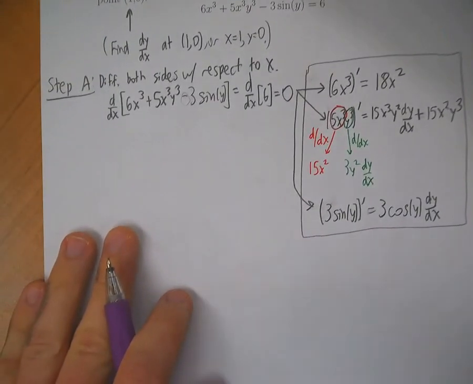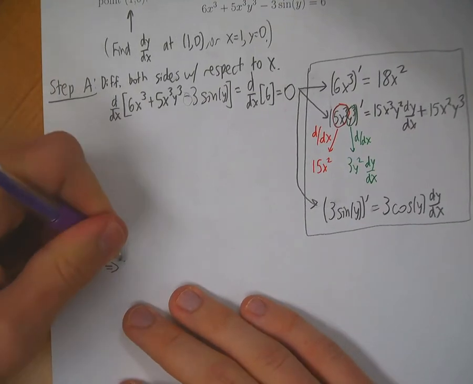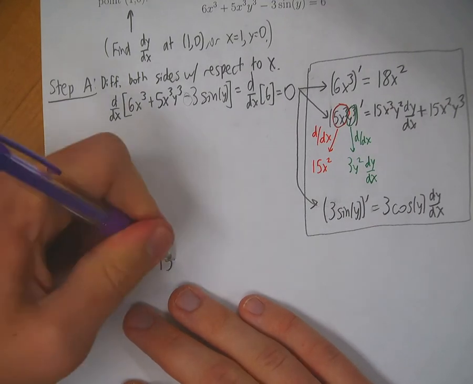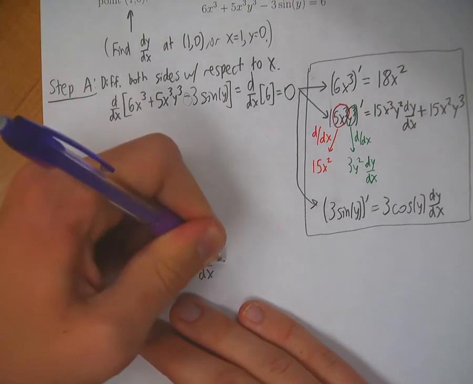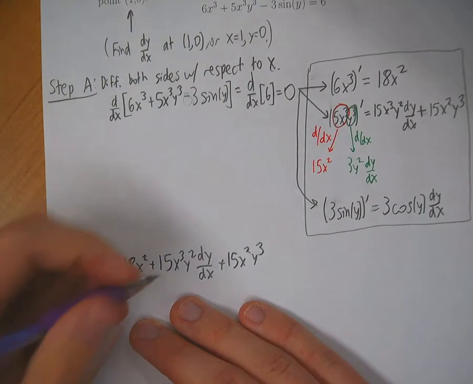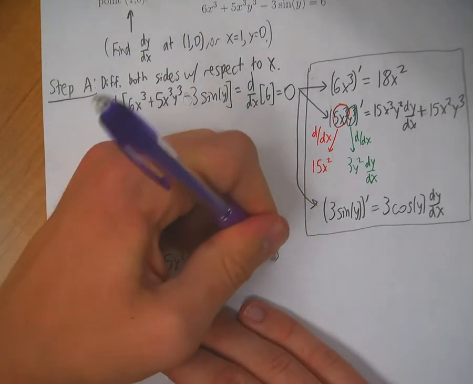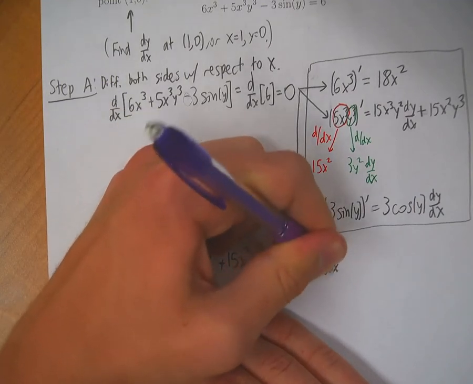So as a result of that, we have 18x squared from the first term plus 15x cubed y squared times dy dx plus 15x squared y cubed, and then minus, because of the minus here, 3 times cosine of y times dy over dx.